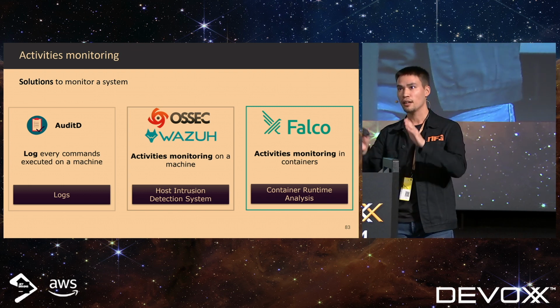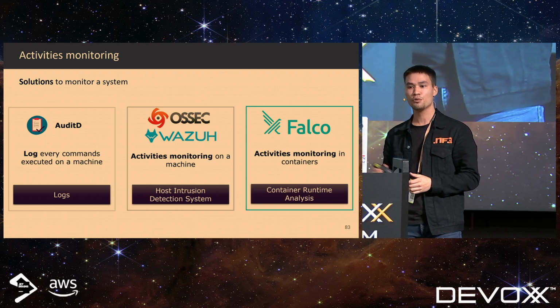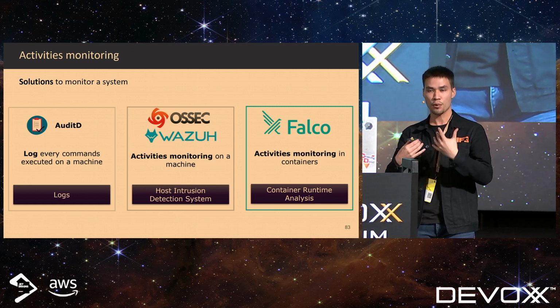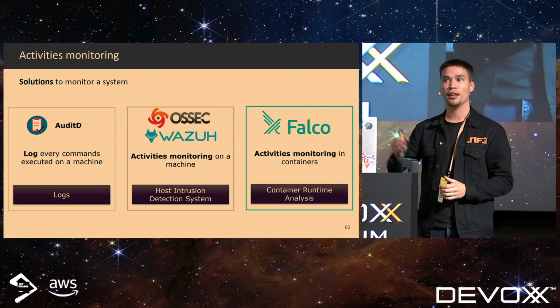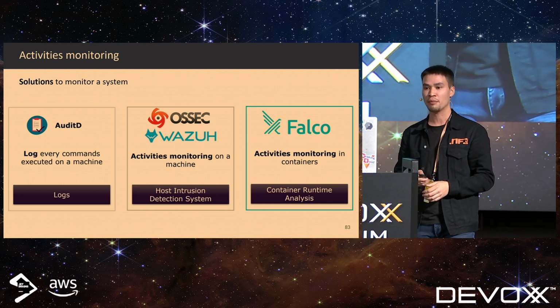And finally, as part of this session, I would like to focus on Falco. Falco is a tool that helps us to monitor activity directly at container level and on Kubernetes level. It's called container runtime analysis.